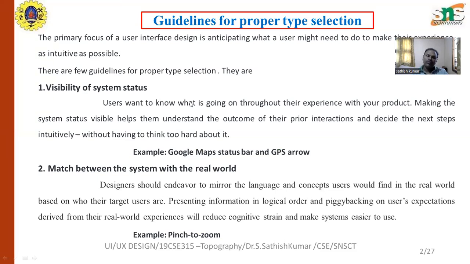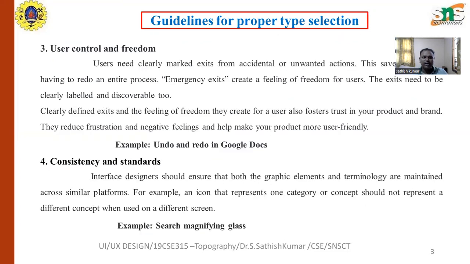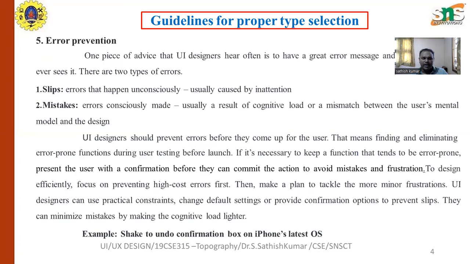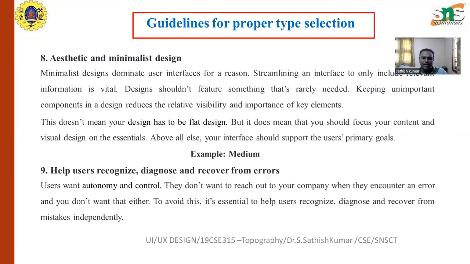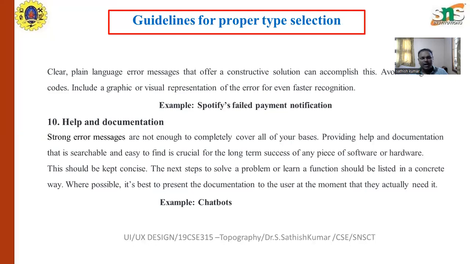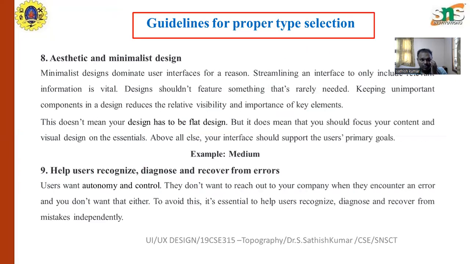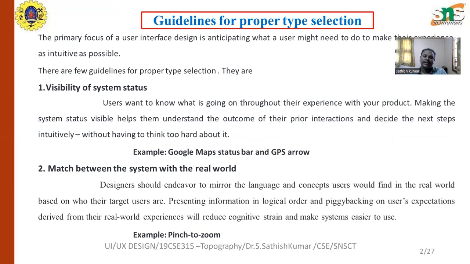There are a few guidelines for proper type selections: visibility of system status, match between the system and the real world, user control and freedom, consistency and standards, error prevention, recognition rather than recall, flexibility and efficiency of use, aesthetic and minimalist design, help users recognize, diagnose, and recover from errors, and help and documentation. So these are the 10 guidelines for proper type selections.